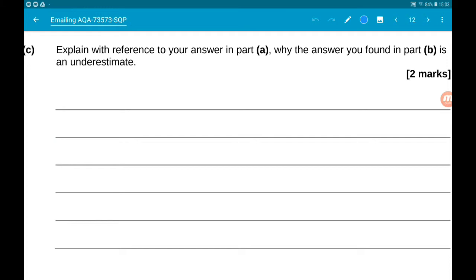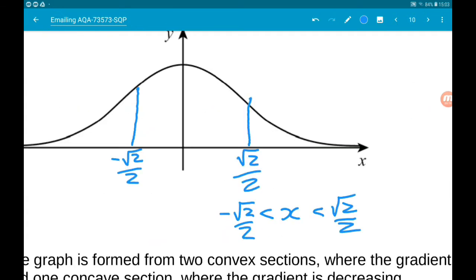Okay, part C wants us to explain with reference to our answer in part A why our answer in part B is an underestimate. So, going back to what we did in part A, we know that the graph is concave between minus root 2 over 2 and root 2 over 2.